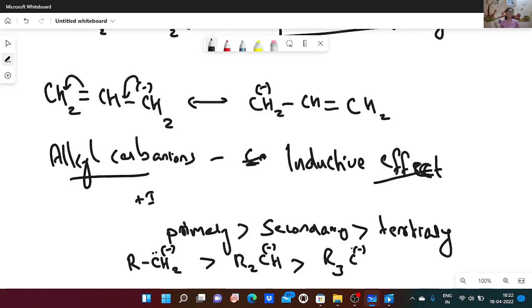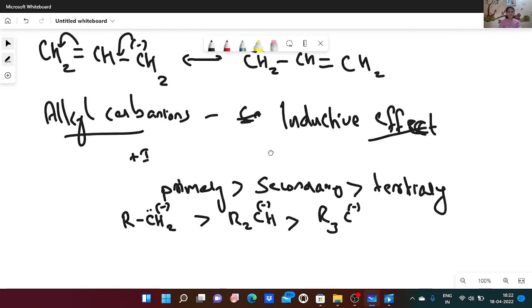Then sometimes when carbon is connected to unsaturated groups, sp2 also is possible. Then stability: benzyl is greater, allyl also greater, but benzyl is more stable, and primary is more stable than secondary than tertiary.